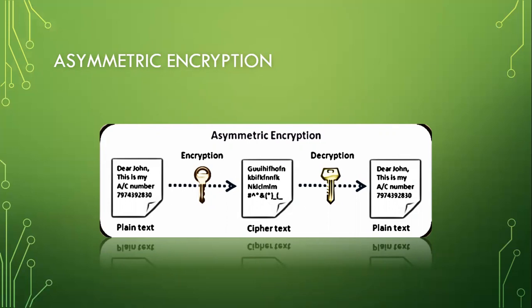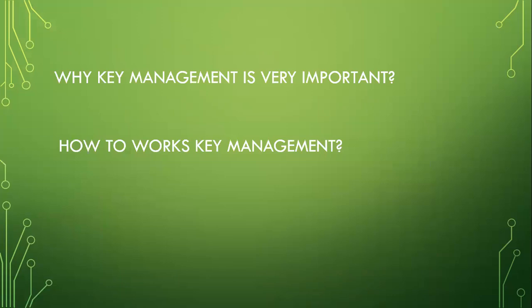In the procedure of the asymmetric key, one public key and one private key are used to encrypt and decrypt data for protecting against unauthorized access. This picture shows the asymmetric encryption process. Next slide.